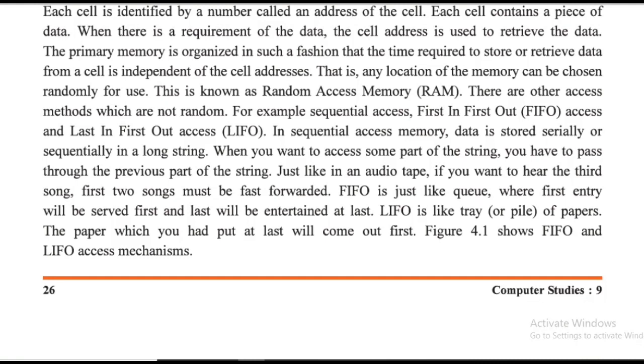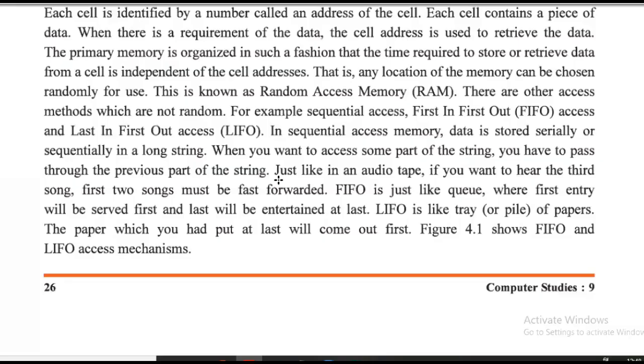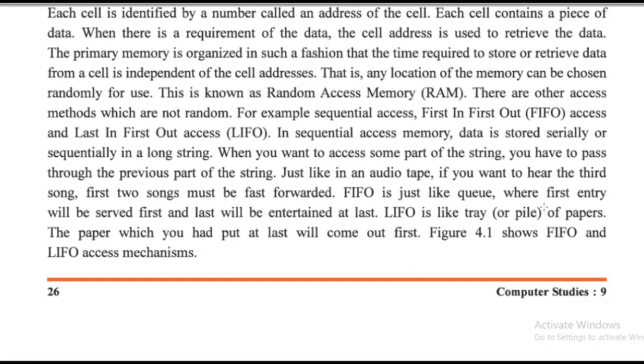For example, if I want the computer to read only this much part of the data, since it starts from here, the computer is going to pass through here to get these values. Just like an audio tape, if you want to hear the third song, the first two songs must be fast forwarded. It will start from the beginning itself, and you are supposed to forward the part that you do not want to hear.